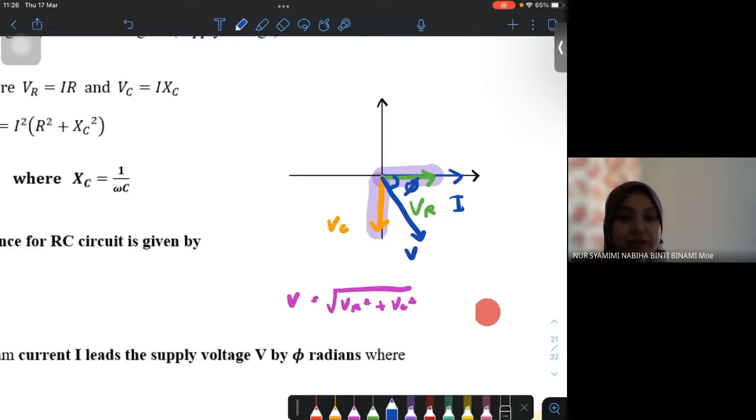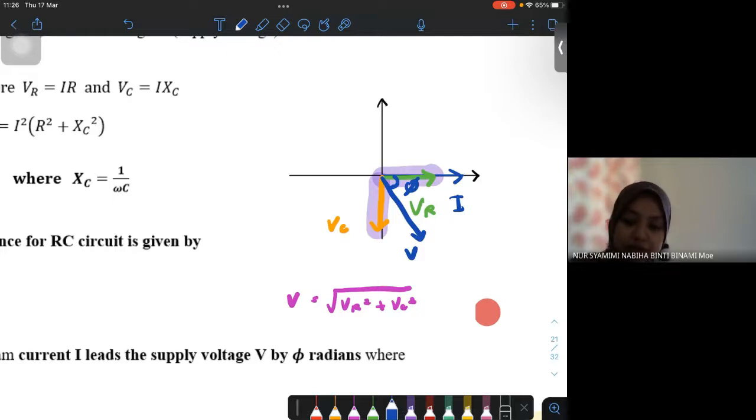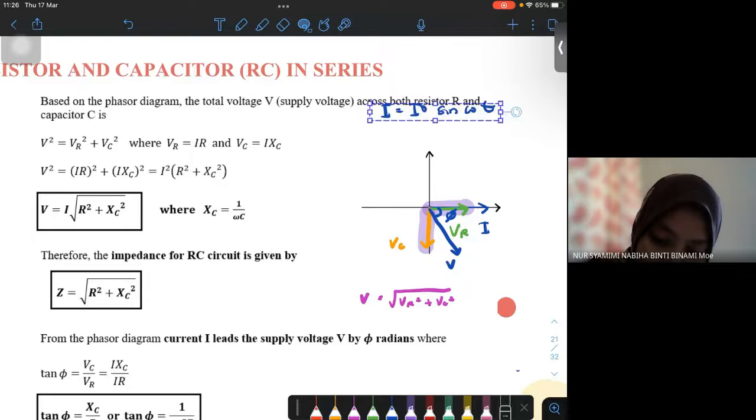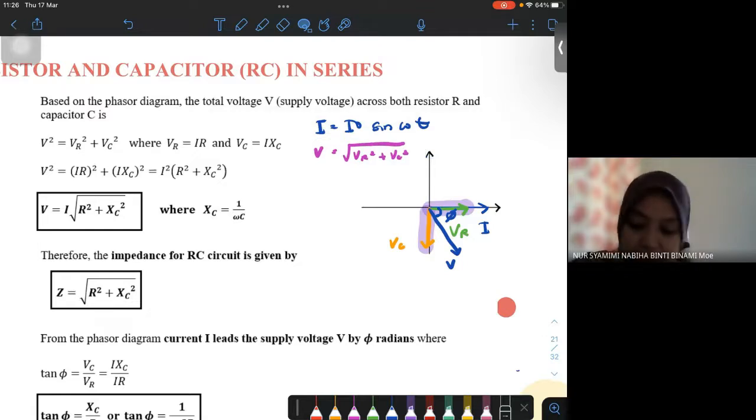Okay. Sampai sini faham? Faham. Okay, good. So kalau equation kita I equals to I naught sin omega t, equation untuk V akan jadi this equation. Okay, so how I want to find this one, kita just addkan VR dengan IR, VC dengan IXC square.